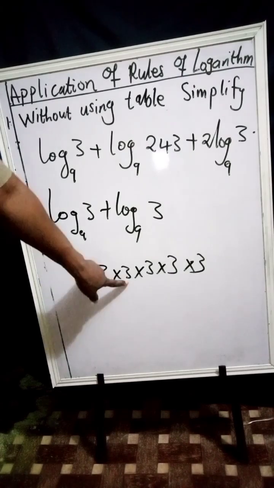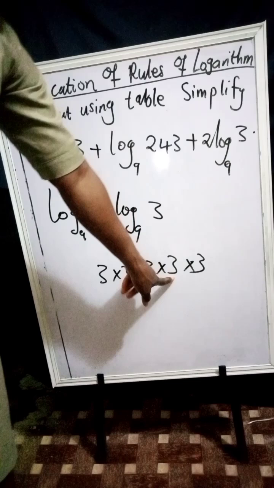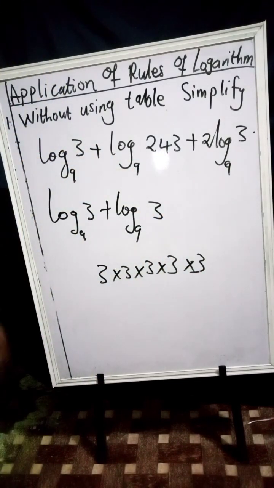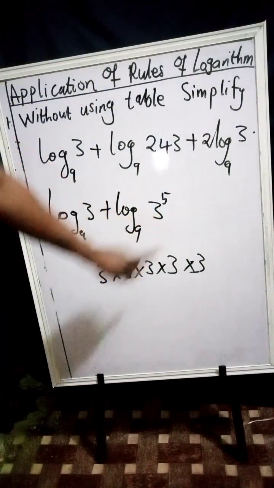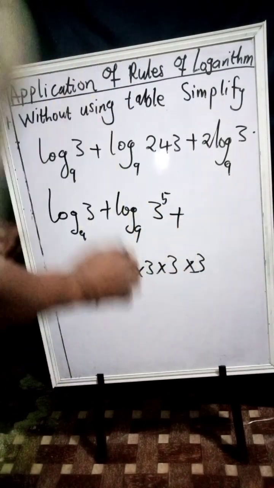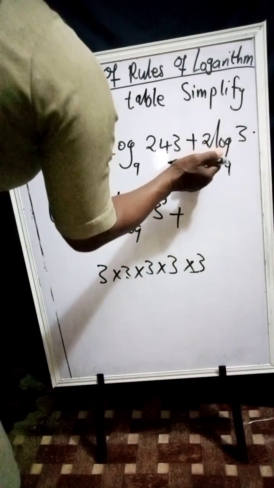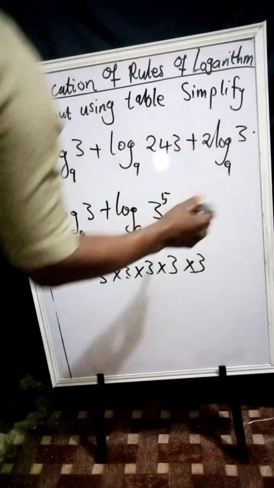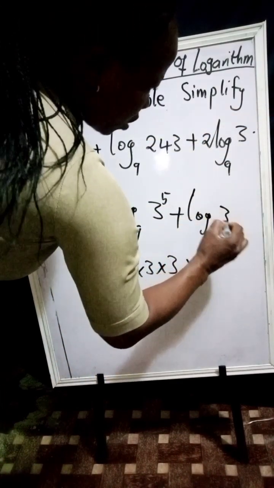We have 3 times 3 is 9, times 3 is 27, times 3 is 81, multiplied by 3 is 243. So that we will have this, that is 3 to power 5, 1 2 3 4 5, plus, remember that when we have this, we bring the 2 up to this place, it becomes power. So we have log 3 to power 2.